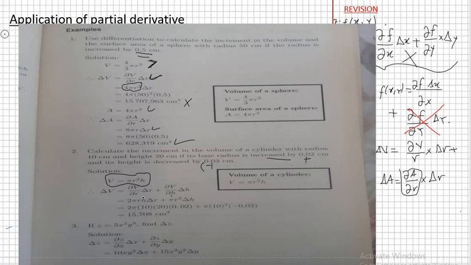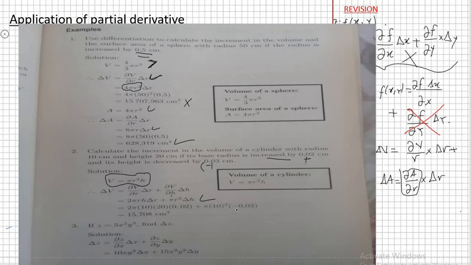And then you just need to compute the partial derivative of the volume with respect to r and the partial derivative of the volume with respect to h, and then you get this expression, and afterwards you are going to replace.